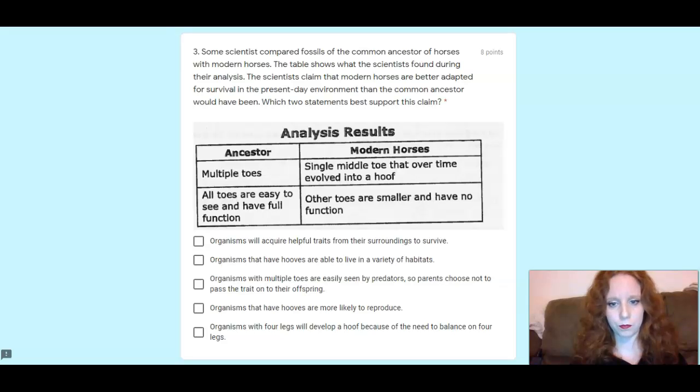So option one, we have organisms will acquire helpful traits from their surroundings to survive. Let's read that again one more time. Organisms will acquire helpful traits from their surroundings to survive.